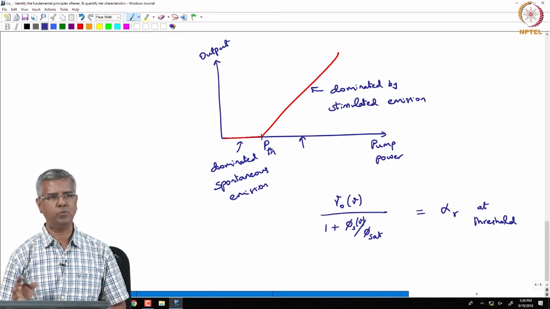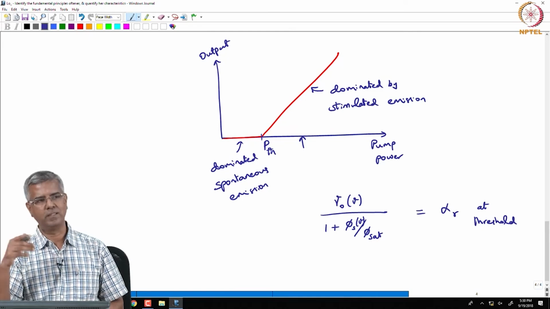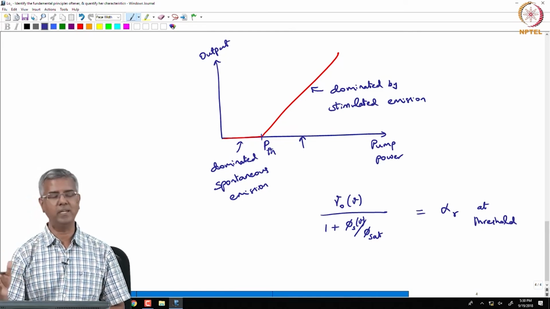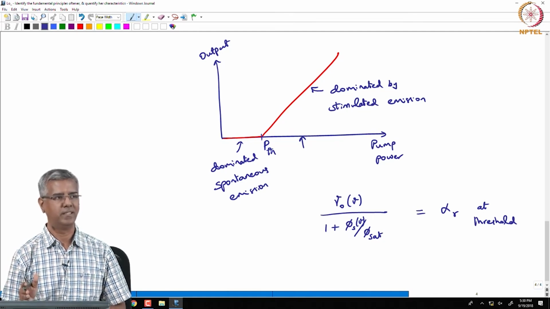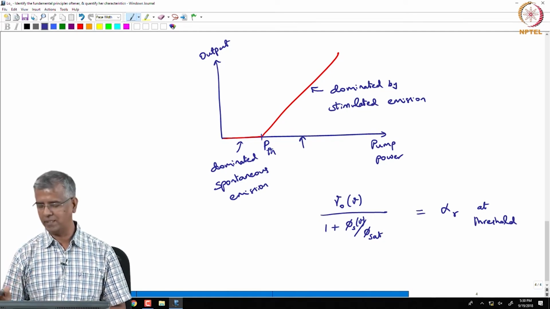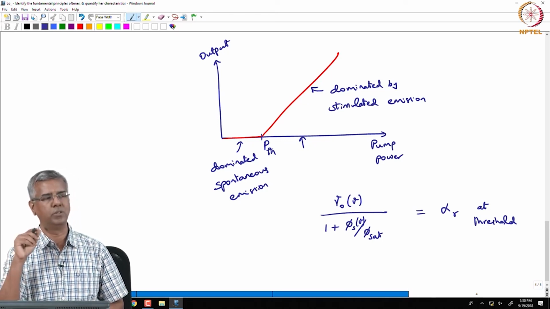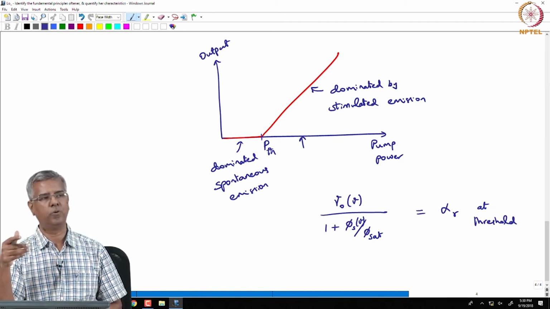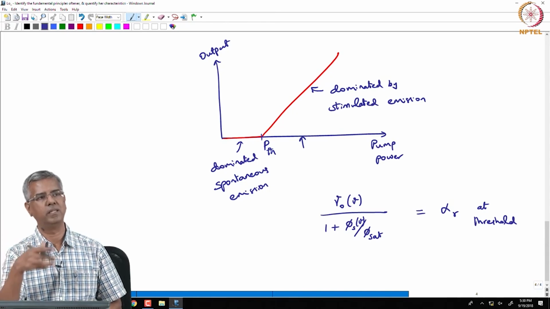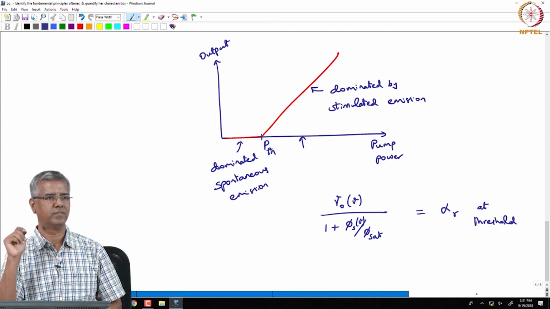But beyond this, it does not mean that the gain is not increasing: the small signal gain is increasing as a function of pump power, but the saturated gain gets clamped at this alpha R value, right. So you are just meeting that condition, and whatever other pump photons you have are escaping the cavity as signal photons. You understand that?